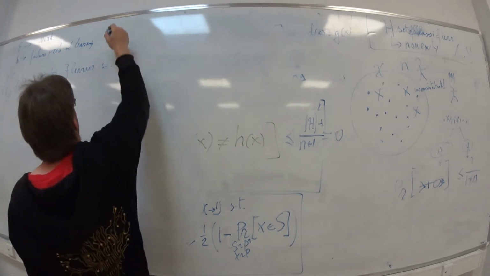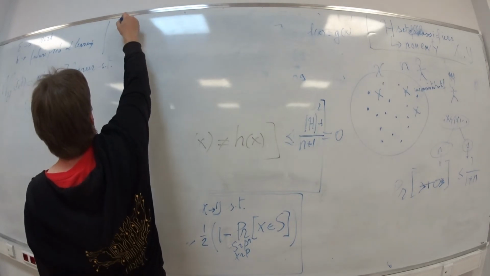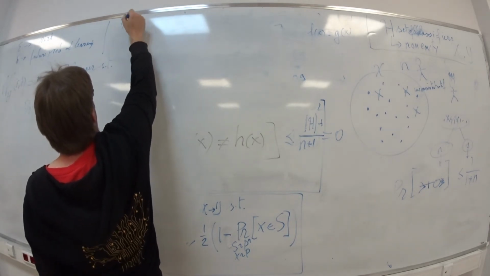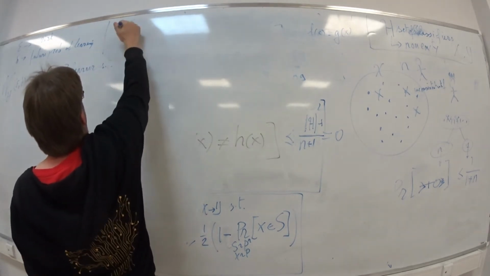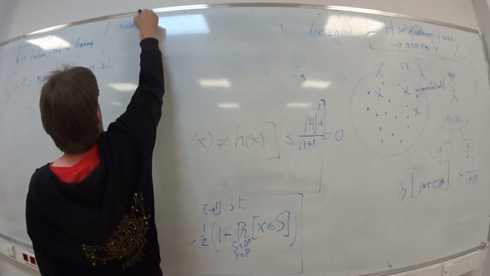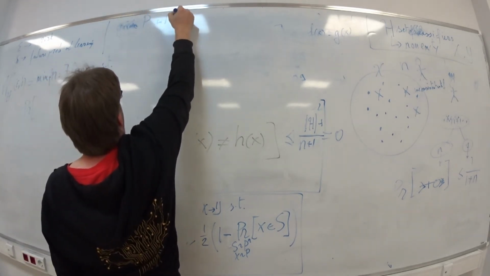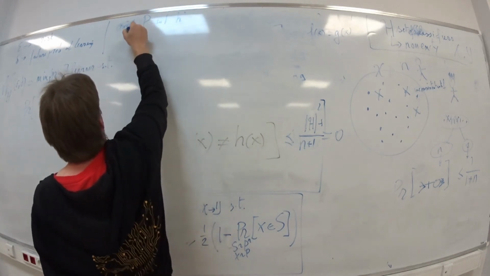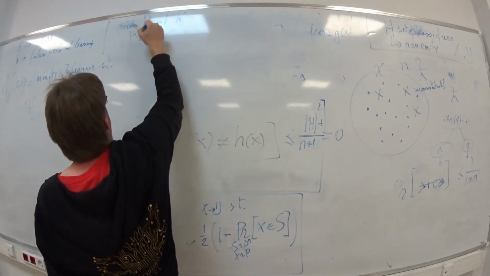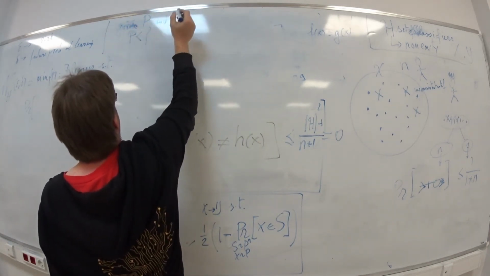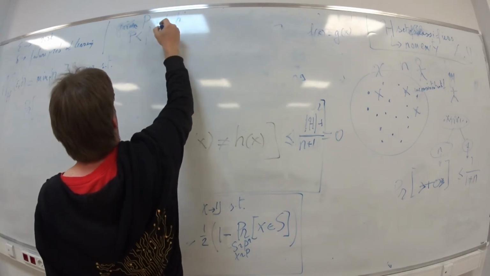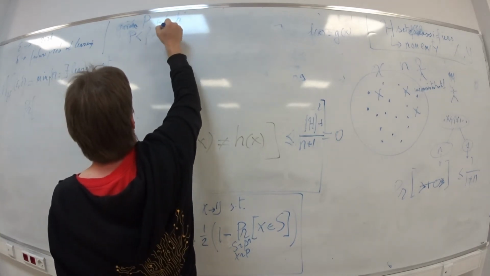Okay, let me make some notation for the risk. So we are given P and a true classifier H, and then I will denote the risk of F as this.